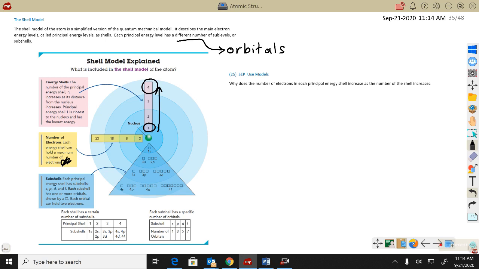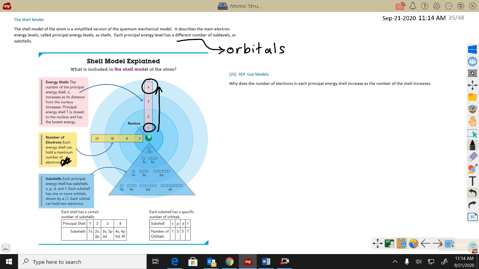But you may have heard this in a former life, that the first energy level can hold 2 electrons, the second holds 8, the third holds 18, the fourth holds 32, and so on. Oh my gosh, do I need to memorize this? Absolutely not. There's a fantastic way of understanding why the first energy level can only hold 2 electrons and why the second can hold 8. Seems kind of random, like where do these numbers come from? What did it say, like 2n squared or whatever?